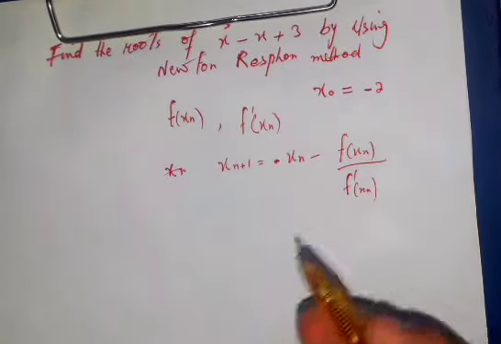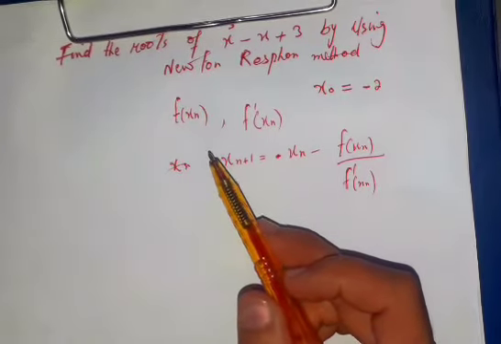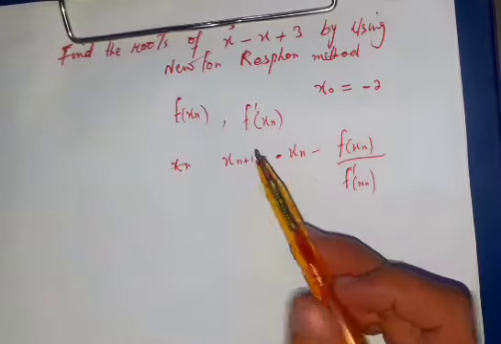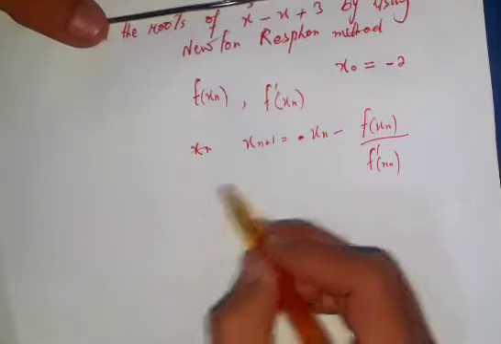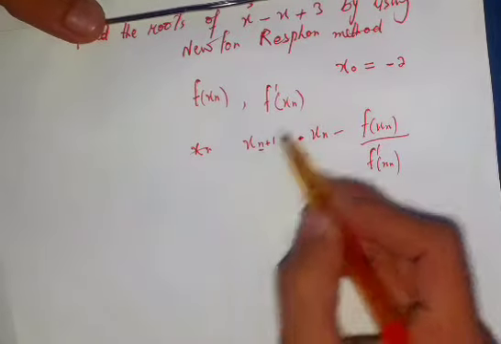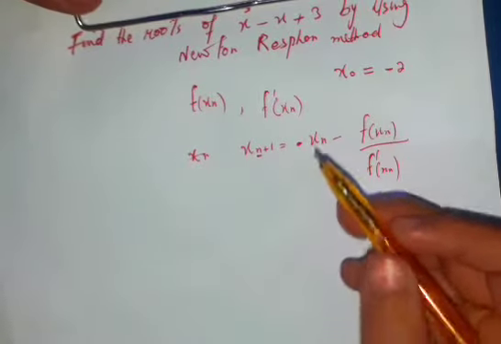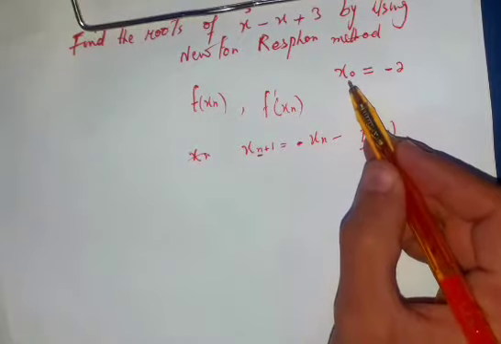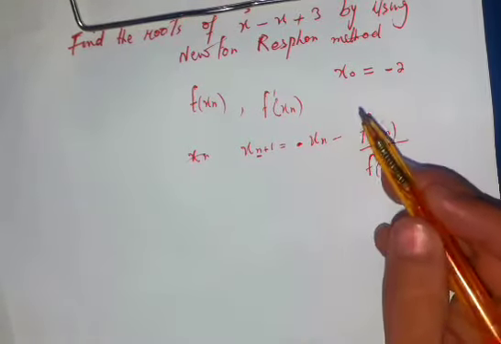But as I said earlier, we need these values. We need the value of f of xn. We also need the value of f derivative of xn, which we will put in this formula. Because this n represents x naught, the initial or approximate value, x0 plus 1 is actually 1.